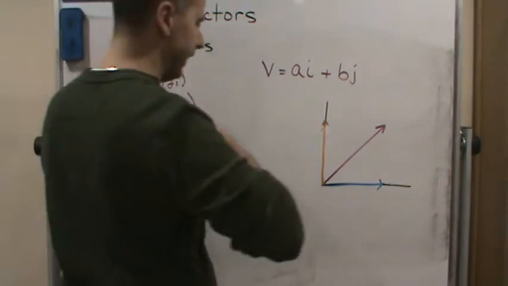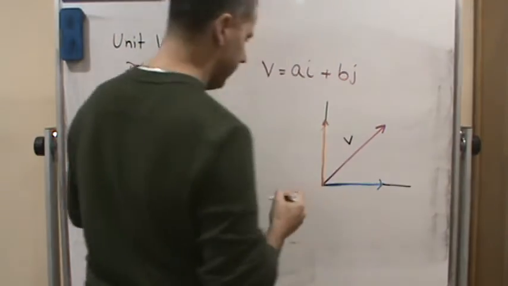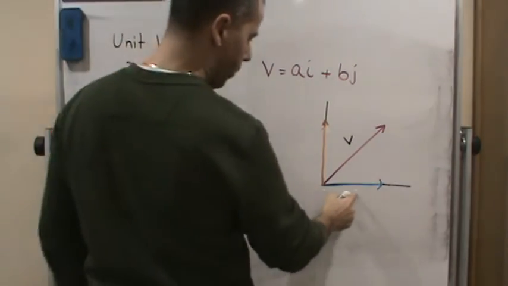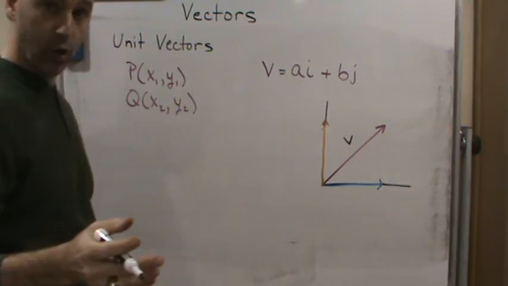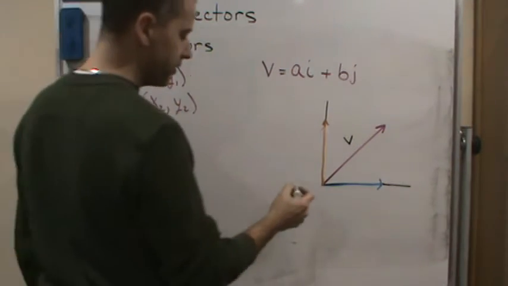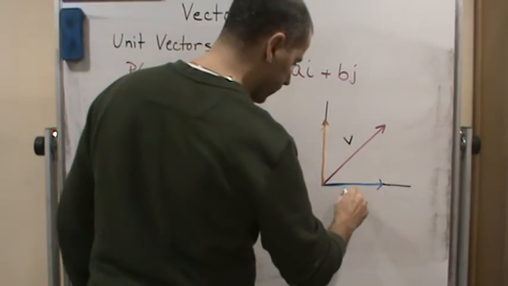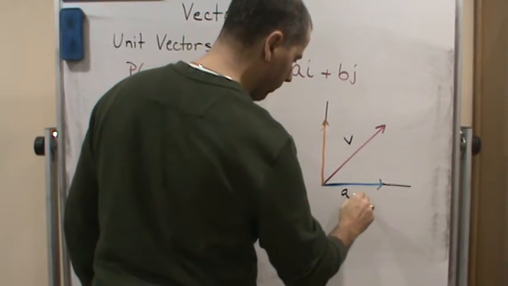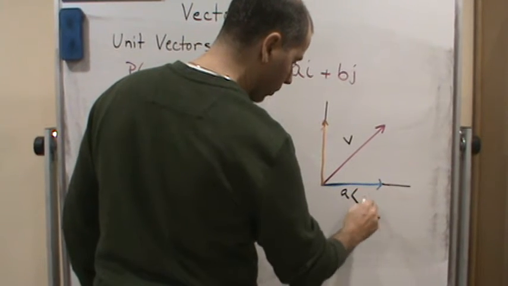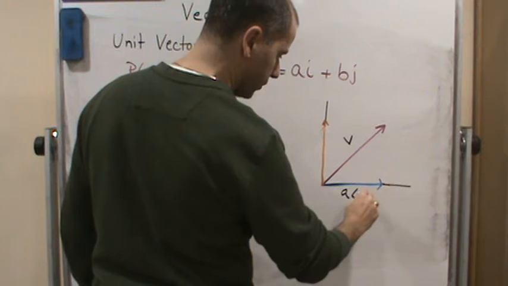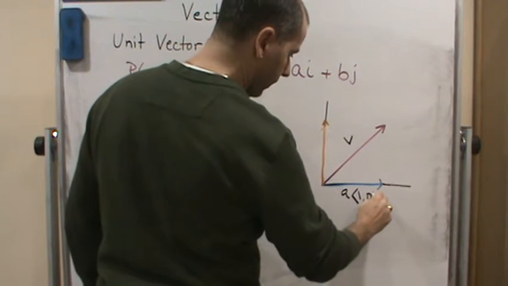And if this is v, then I know that this component, regardless of how long it is, is going to be some scalar multiple of what? Of i, which is in the horizontal direction, which is 1, 0.